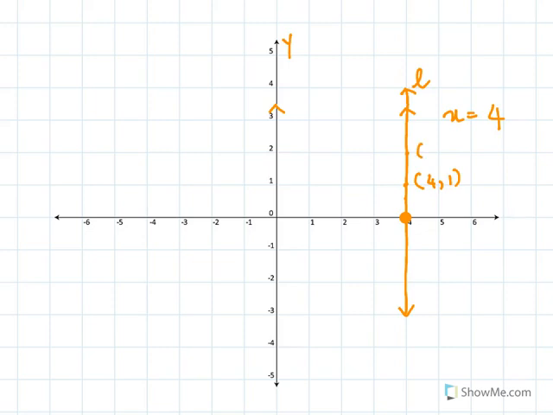This point will be (4, 2). And this point, for example, will be (4, -1). So for any point x equal to 4. So x equal to 4 is the equation of this line.